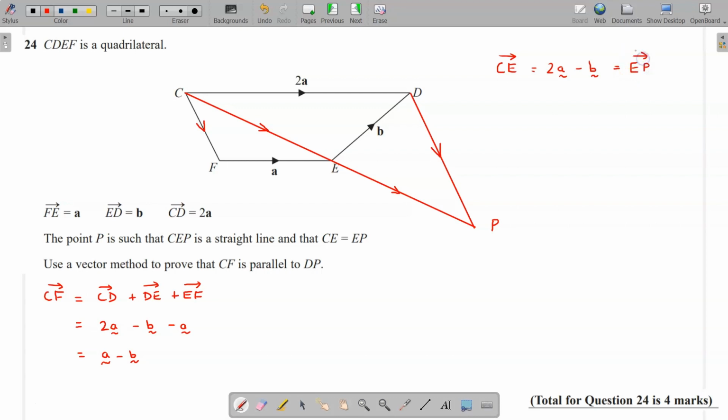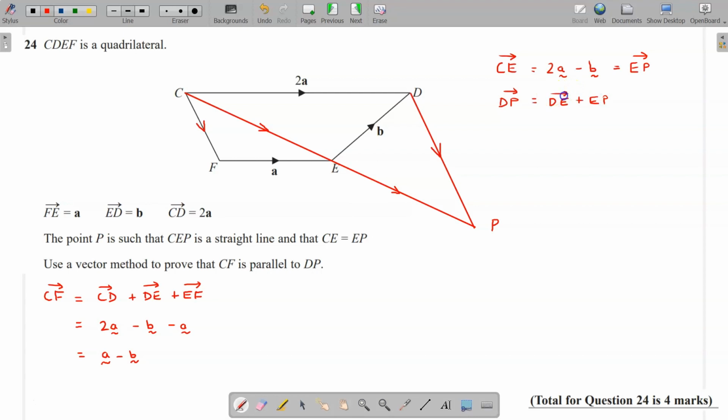And I'm going to need that in a moment because I'm now going to write an expression for DP using that information. So D to P is going to be minus B plus this thing here. In fact, what I'm doing is D to E plus E to P, if I write it out in full.